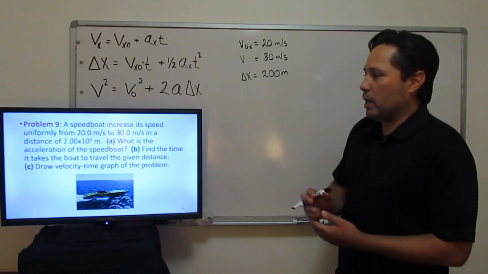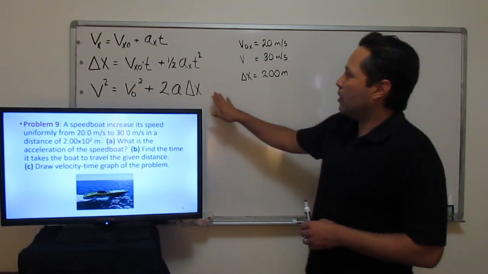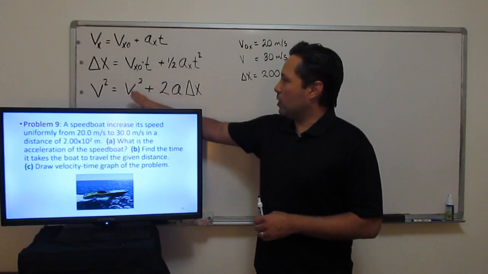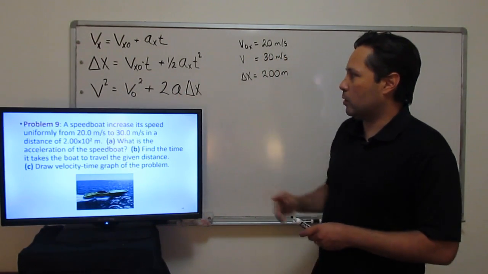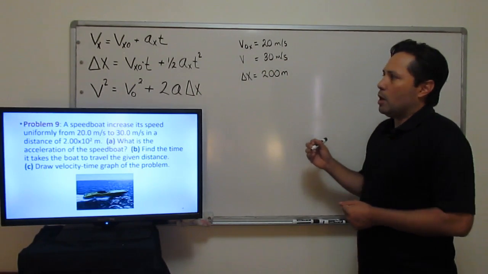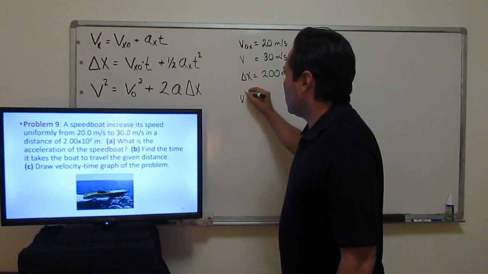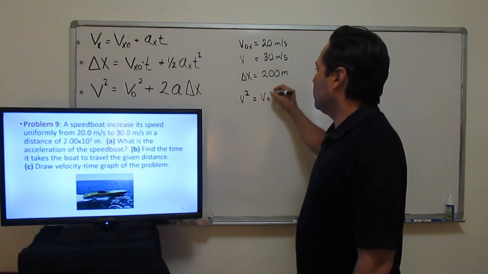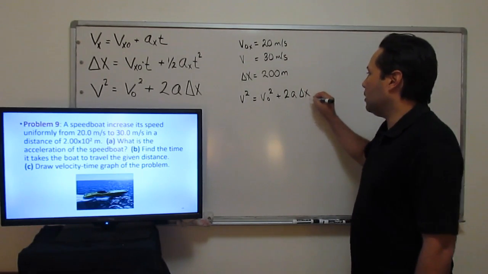Again in part A, what is the acceleration of the boat? We have the displacement, we have the initial and final velocity, so we're going to use this formula to solve for the acceleration. Let's solve for the formula. How will we manipulate it to isolate the a?